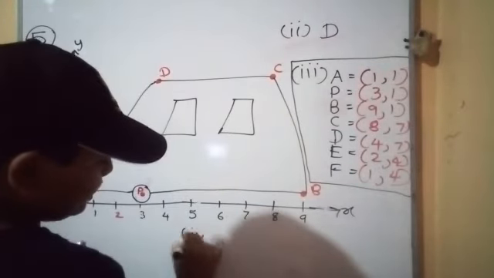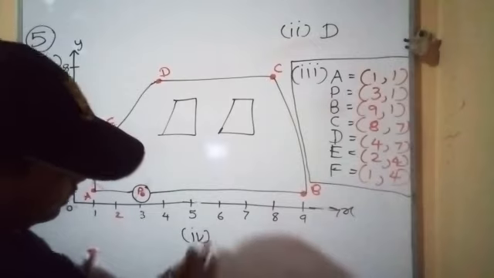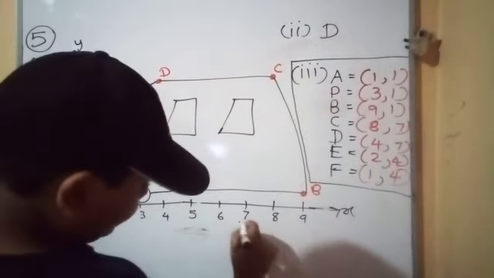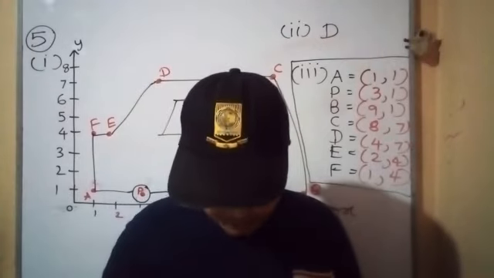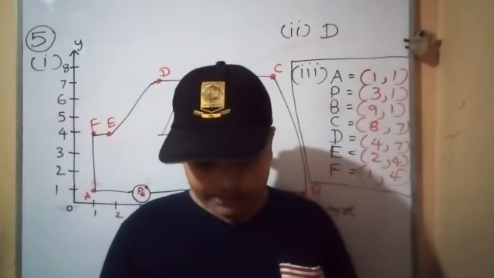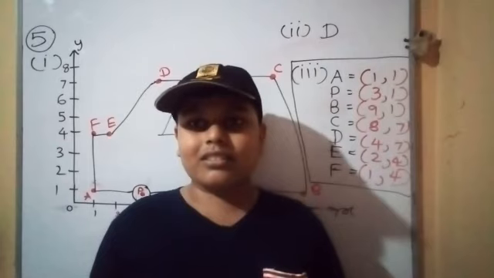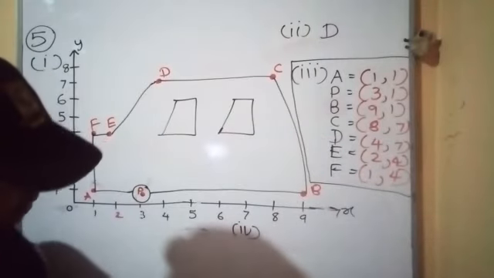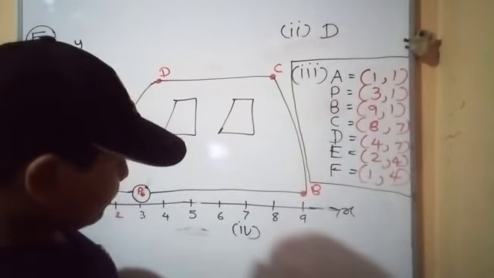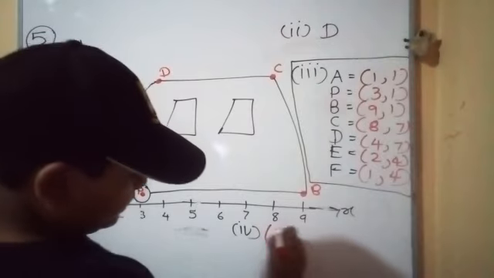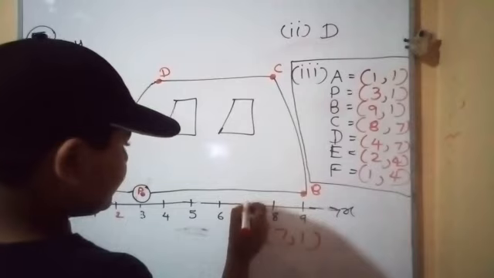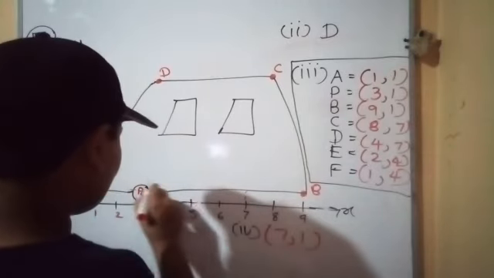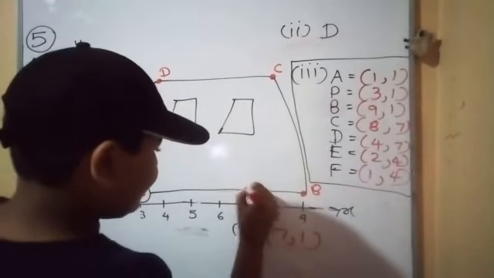So the fourth one, I write in there. Fourth one: if the coordinates of the center of the back wheel is 7, 1, mark the center and draw the wheel. Now I want to draw 7, 1. 7, 1 has 7 and 1 in there.